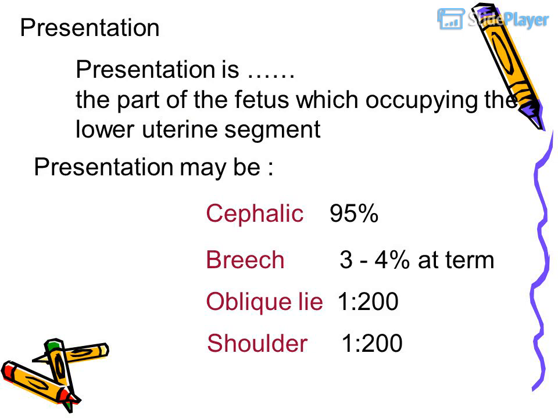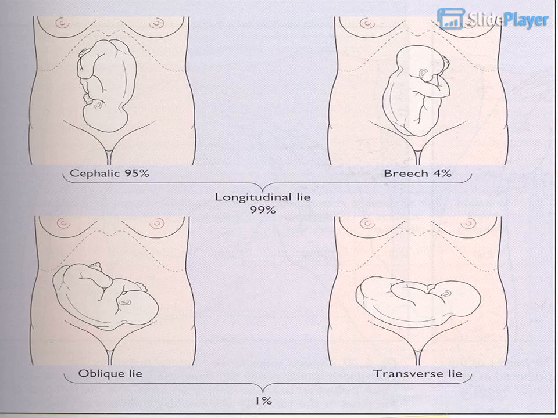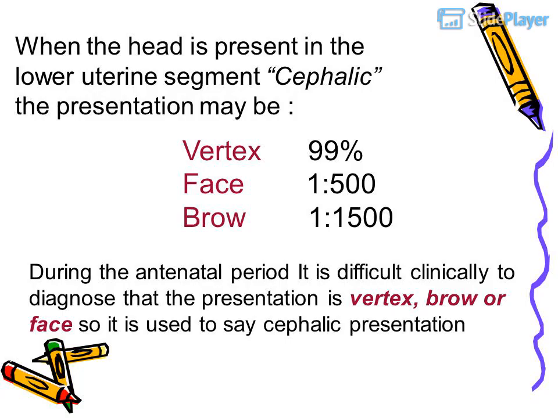Presentation is the part of the fetus which occupies the lower uterine segment. Presentation may be cephalic 95%, breech 3 to 4% at term, oblique lie 1 in 200, shoulder 1 in 200. When the head is present in the lower uterine segment, it is cephalic.